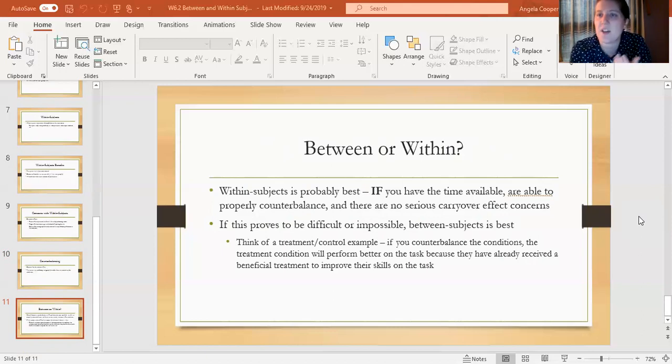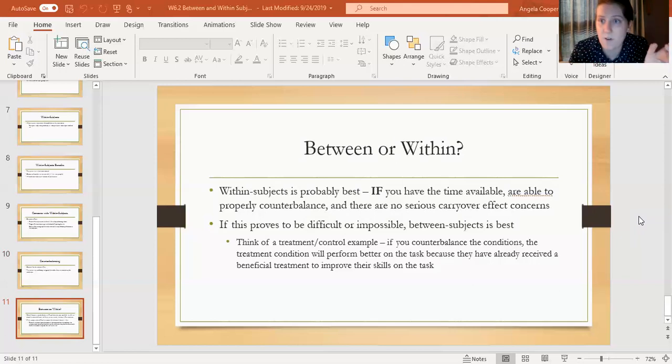However, within subjects can be a little difficult, because you need to have the time for participants to sit down for both conditions, or maybe they have to come back depending on what you're doing. You have to be able to properly counterbalance, making sure there's a mixture of people doing condition A then B, as well as other people doing B then A. And you just don't have any serious carryover effects, so the fatigue or practice effect won't really be an issue. That would be best for choosing a within subjects design.